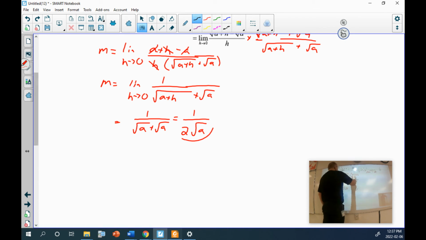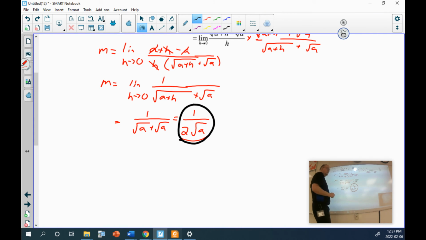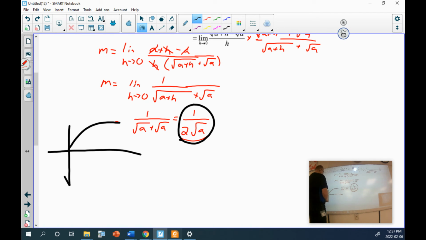My pen decided to die. That is the slope at any point. So we have our function, square root a. If I wanted to know the slope at this point, I would just plug in that value of a into here. I would get out a particular slope. If I want to know farther along at, let's say, 9, I plug that in. I end up with the slope of that one.